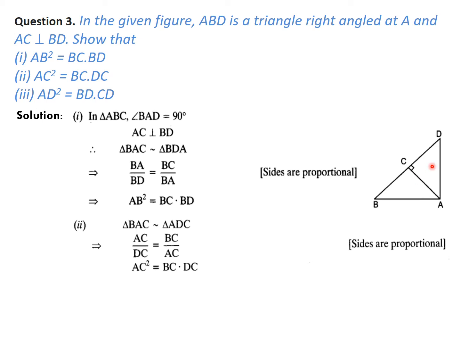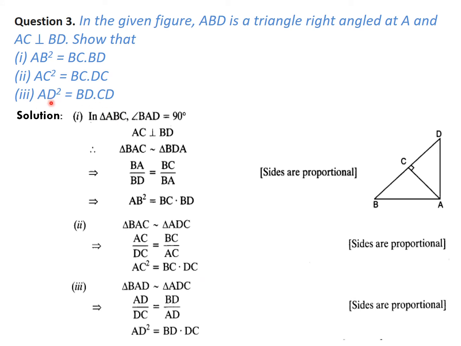These two triangles are also similar to each other by the theorem. Therefore, we will write down that triangle BAC is similar to triangle ADC. Now let's write down the proportional sides. So AC by DC is equal to BC by AC. Now let's cross multiply. So AC square is equal to BC into DC.